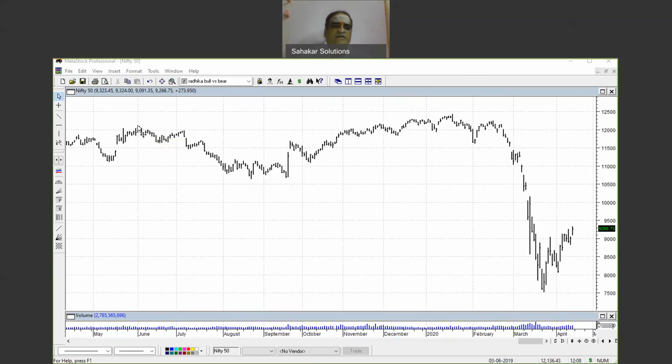Here we have one top, and here again we have another top. Here we have another top and another top here. Same way, we have one bottom here, another bottom here, another bottom here, and another bottom here. Let us suppose this is bottom 1, this is bottom 2, this is bottom 3 and this is bottom 4.